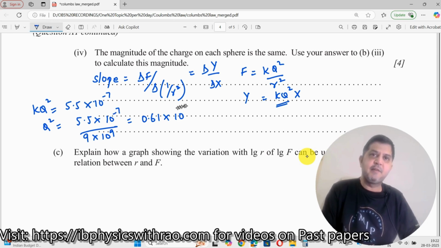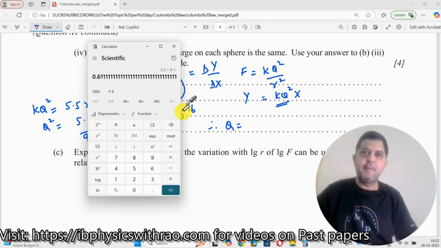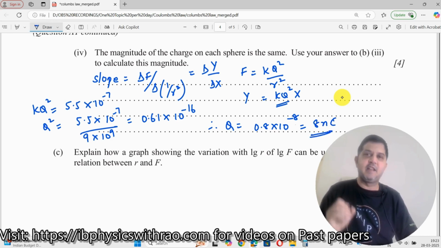Minus 7, minus 9 becomes minus 16. So the value of q is the square root of this. Ten to the power minus 16 I can easily take. When I do this, I get the answer 0.78 or nearly 0.8. I can now write this as 0.8 into 10 to the power of minus 8, which is 8 nanocoulomb. So we have got the charge.